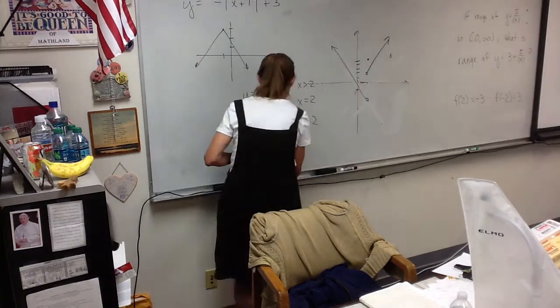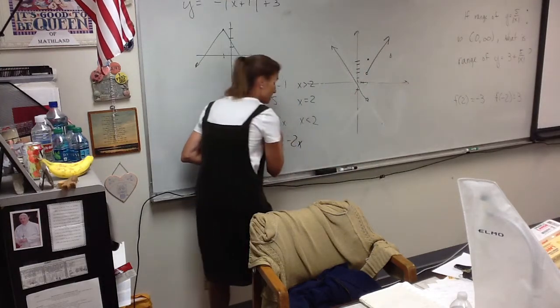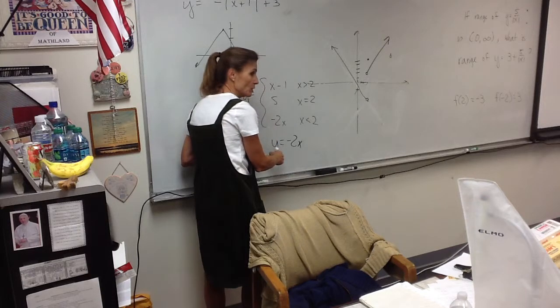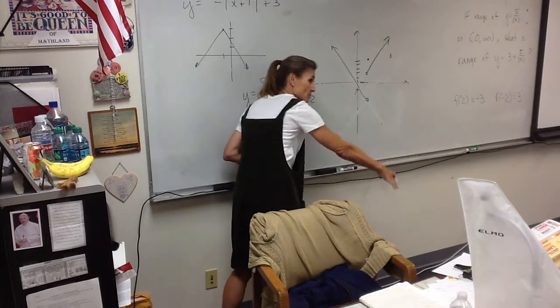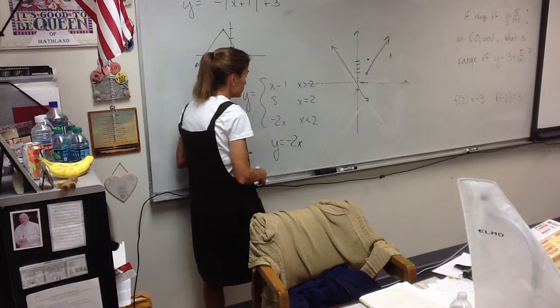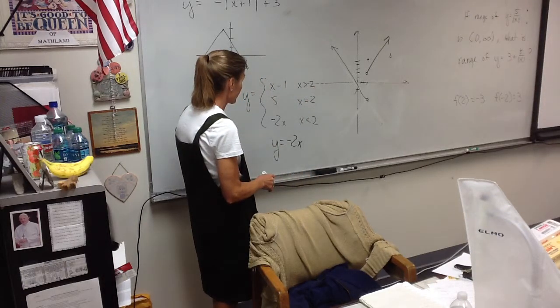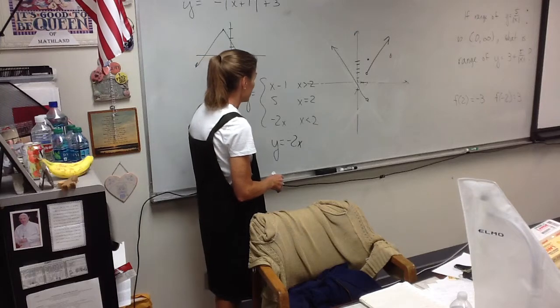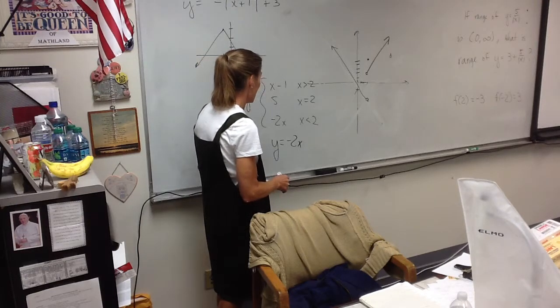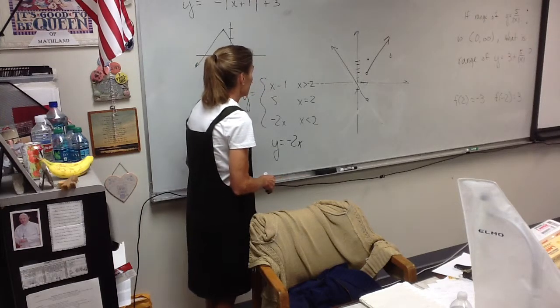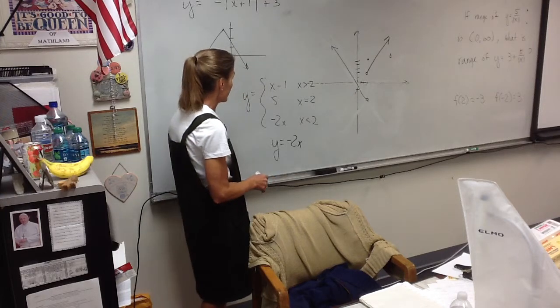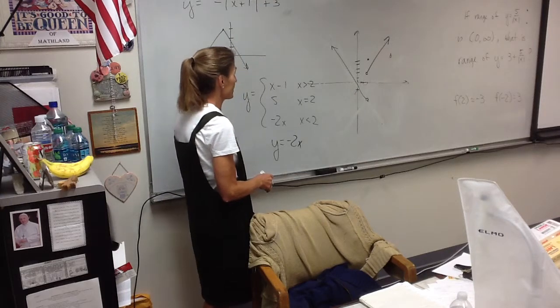Because the line y equals negative 2x has a negative slope, so it's got to be going this way, right? And you can just plot a few points if you want. Okay. Otherwise, it looks okay.